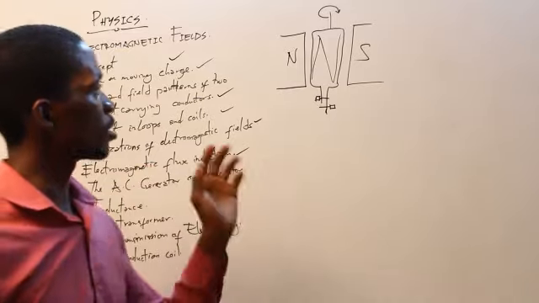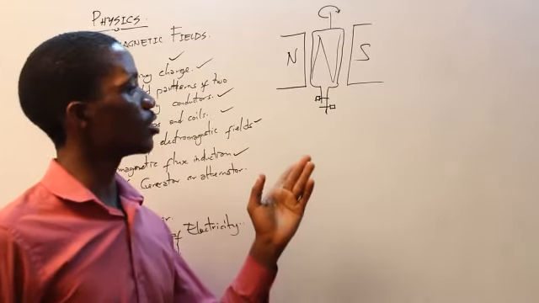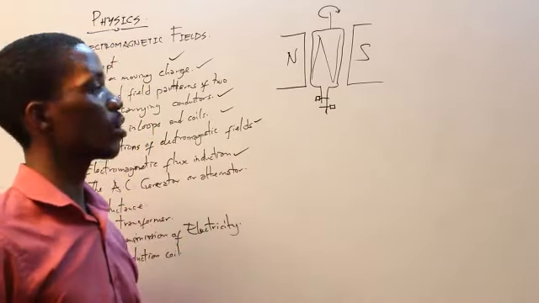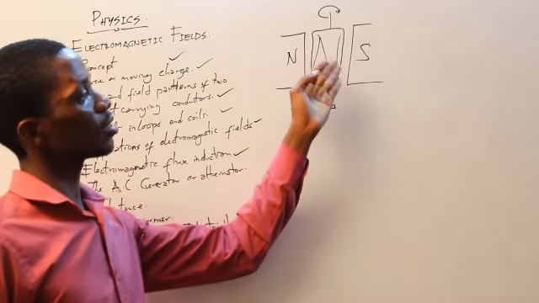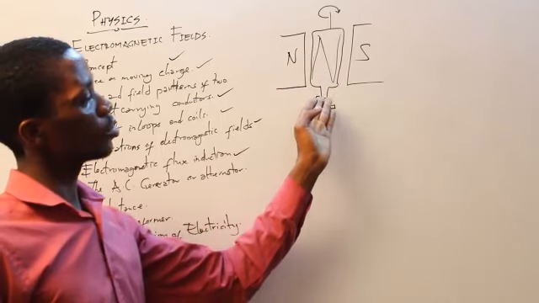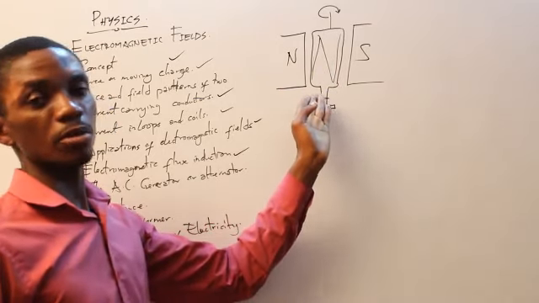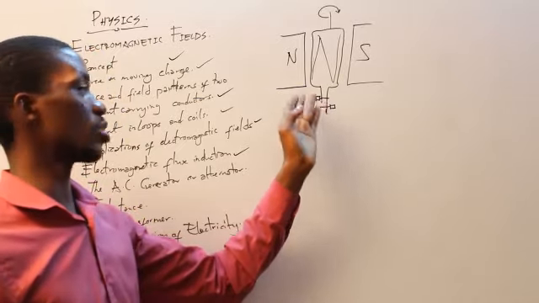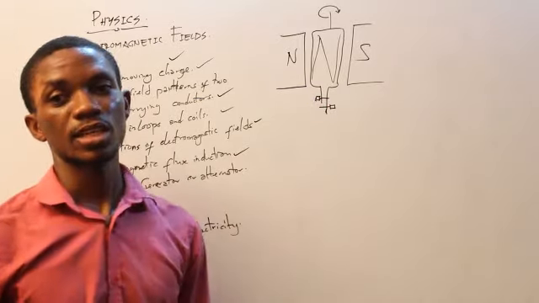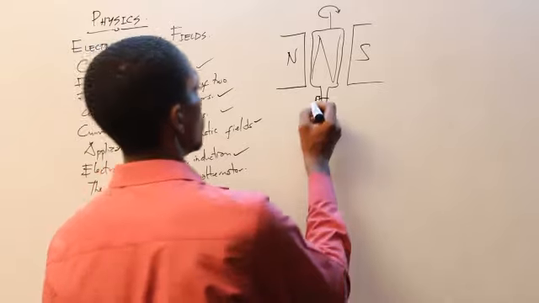As the armature turns, electricity is being induced inside the coils. So the electricity that is induced inside the coils is taken in by the carbon brushes, which are connected to the rings, and from the rings to the carbon brushes, and it can be taken out and measured.